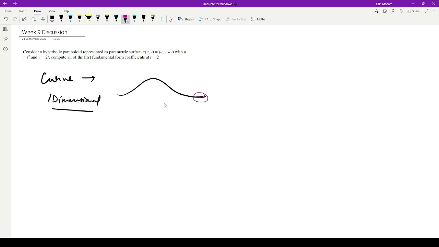Intuitively speaking, don't go with maths, okay? Low. And at this point? So you are saying that curvature is high here and curvature is low here.